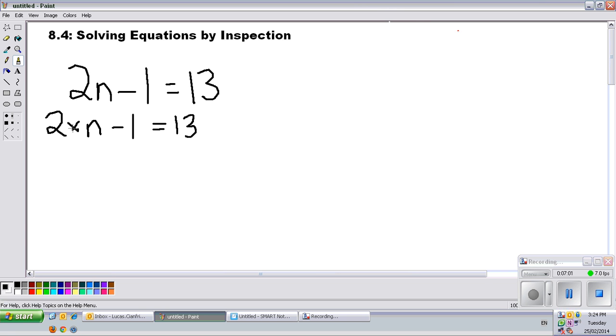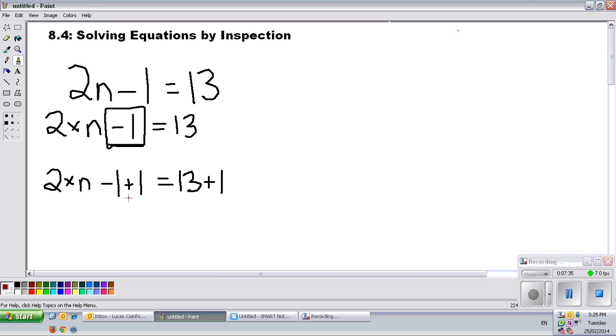So the first thing we want to do is get rid of the subtract 1. In order to do that, we will do the opposite. So the opposite of subtraction is addition. So you will have 2 multiplied by n, subtract 1, plus 1 equals 13 plus 1.